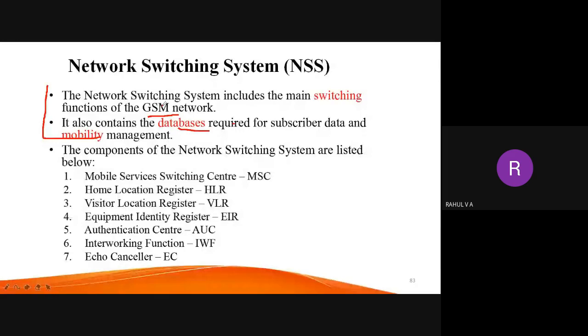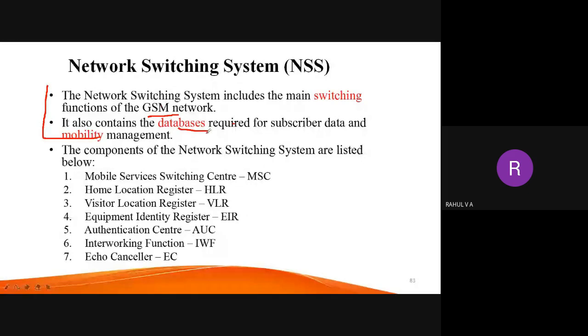So the network switching, everything takes place in the network and switching system. Actually, BTS will establish communication between mobile station and network. BSC will control BTS. So how to establish connection, how to switch the network, everything is designed or defined by NSS.